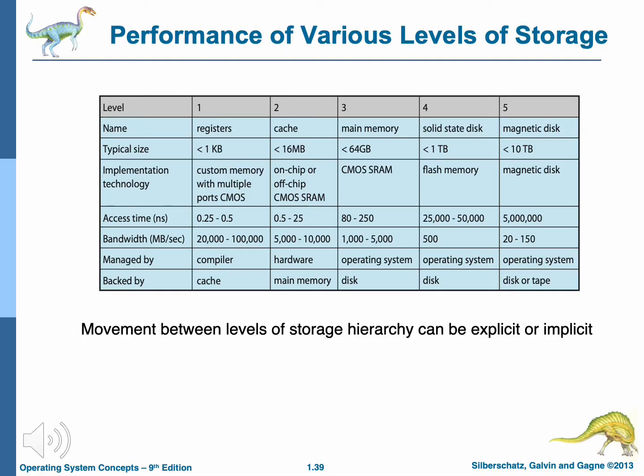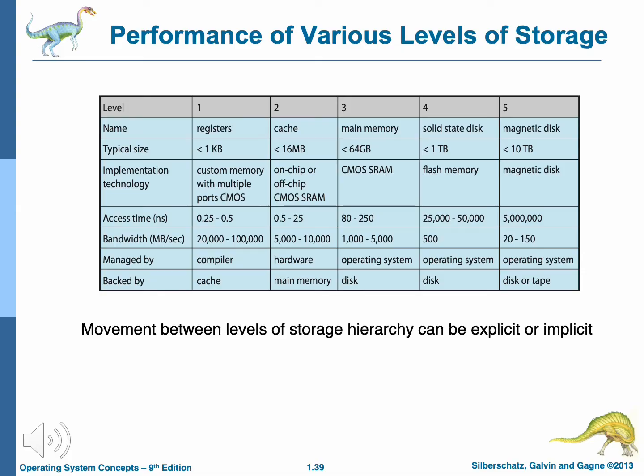Because caches have limited size, cache management is an important design problem. Careful selection of the cache size and of a replacement policy can result in greatly increased performance. The given figure compares storage performance in large workstations and small servers.